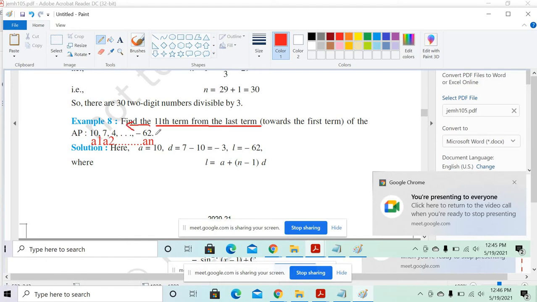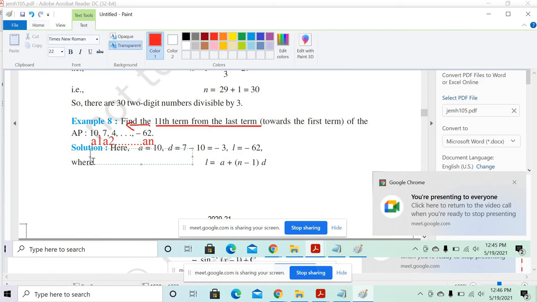So what I'm saying is, let's reverse this sequence. Let's make the first term minus 62. Reverse the AP, and so on. Then 4 becomes 7, then becomes 10, isn't it?